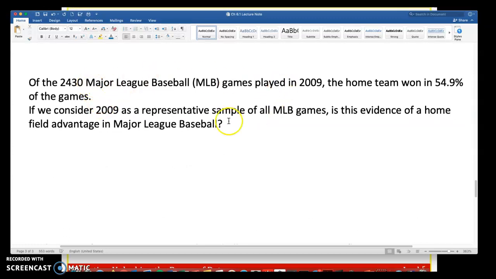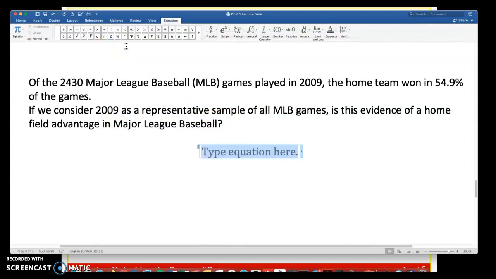Okay, so I've got the information copied here. If I write the hypothesis, H sub 0 is p equals... and I want to think about, do we have evidence that there is a home field advantage?